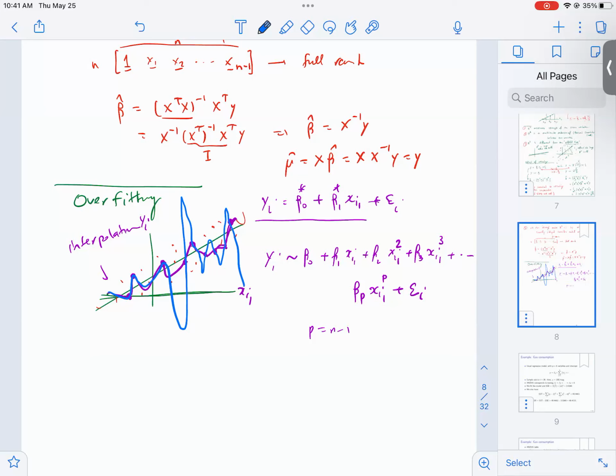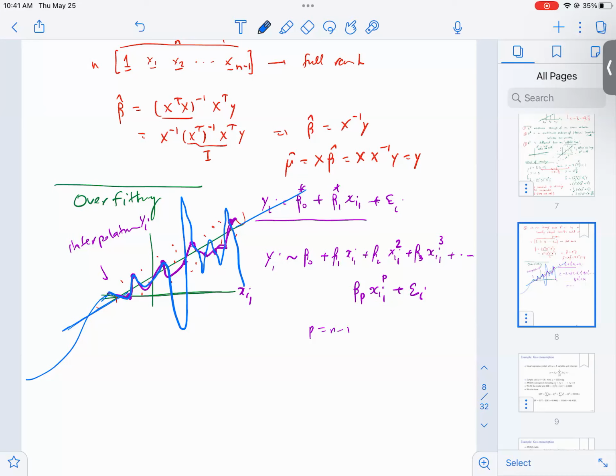Depending on how the data points are set up, the purple one could happen, or this could happen, especially at the boundaries where you don't observe data. For example, with linear regression, the prediction outside the range of X is reasonable. It's like linear extrapolation. But for polynomials, when you go outside, they could behave very erratically. So the prediction here is going to be really off most often. But it's still overfitted. We would say that the R squared would be equal to 1.